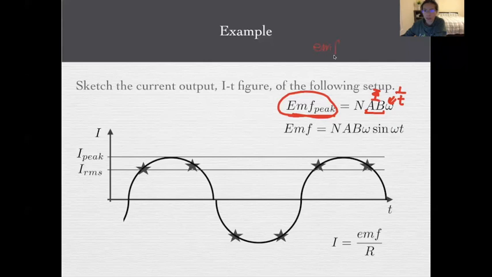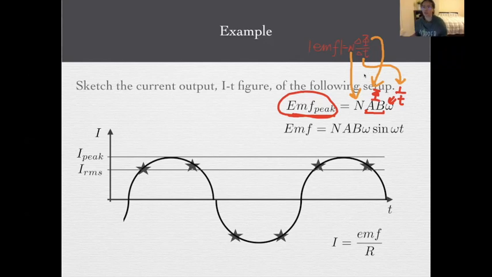Since the EMF here is generated to counter the change in flux, all of them play a role in affecting my peak EMF. So for example, this is N, the flux is A times B, and the time is basically the rate.